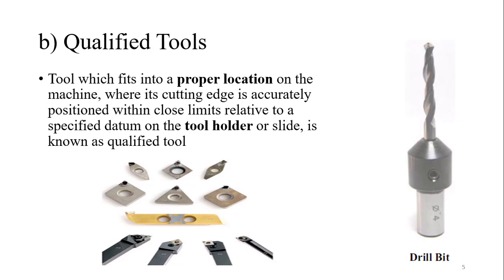There's no need to set up the diameter or the length of the tool. It is already set, that's why it is called preset qualified tools. These are tools which fit into a proper location on the machine, where the cutting edge is accurately positioned within close limits. It means you need not check every time whether the length or diameter is proper. They are already ready to use tools.